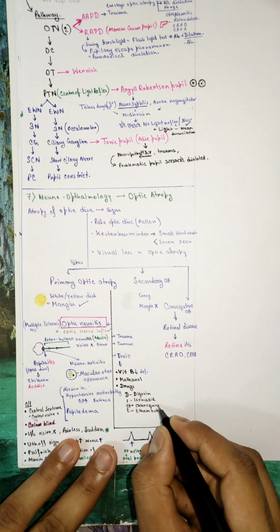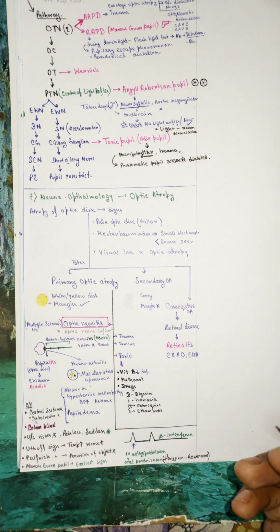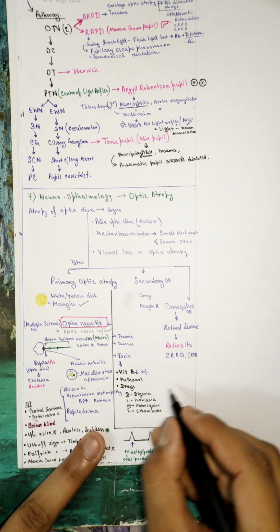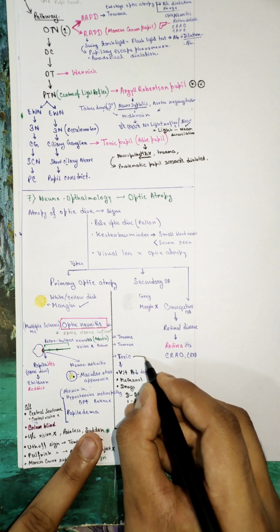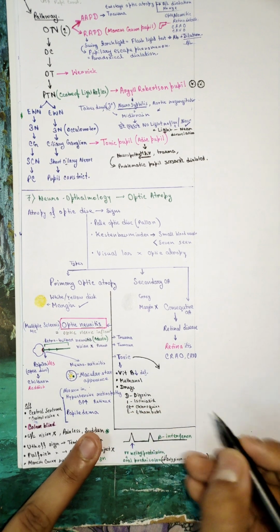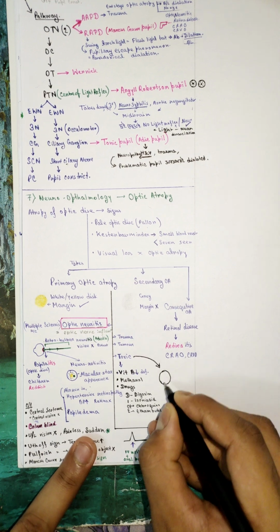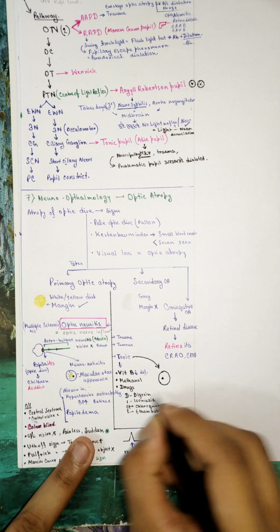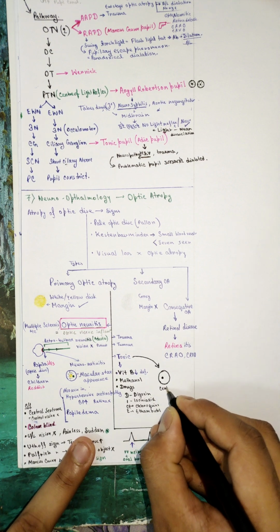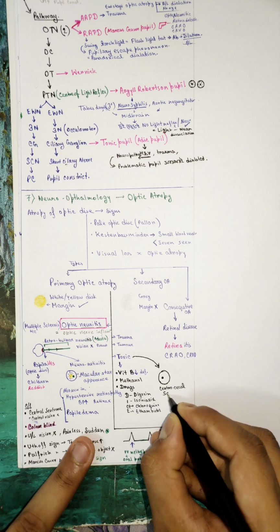So I have one malaria drug and two tubercular drugs, TB drugs. What do these actually cause? Ultimately, they cause not central scotoma, they cause centrocecal scotoma. Central scotoma will happen here. Centrocecal means it will happen here. So centrocecal scotoma.